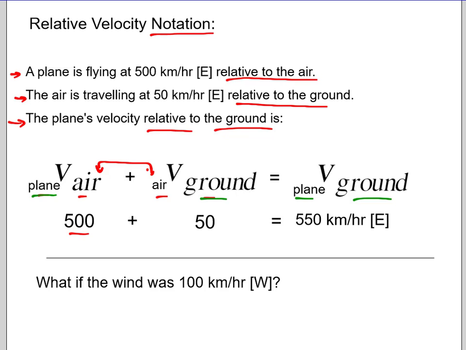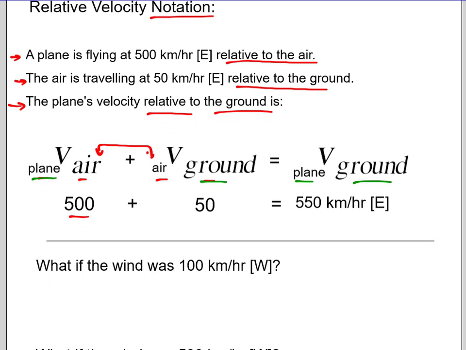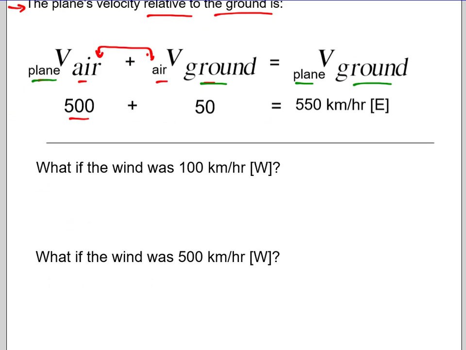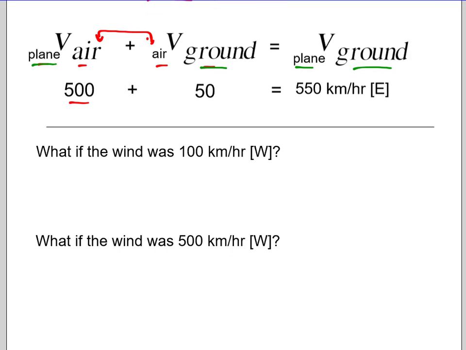Okay, so now if we took that exact same problem, and what if the wind blew in the other direction? So now the plane is still trying to fly at 500 kilometers an hour in the air. But now our wind speed relative to the ground is no longer 50 in the same direction.